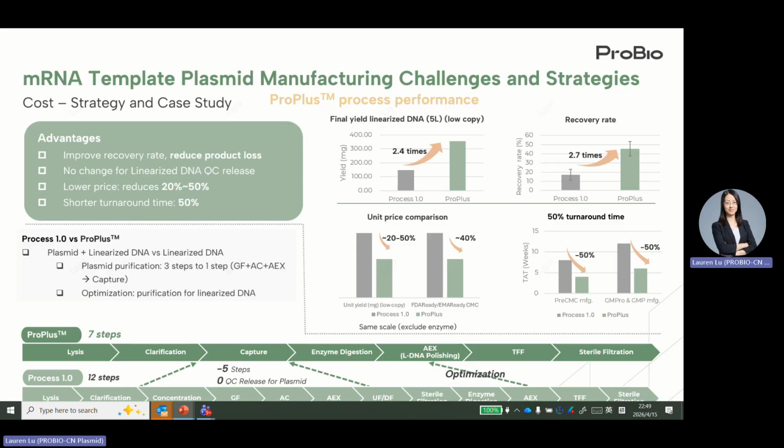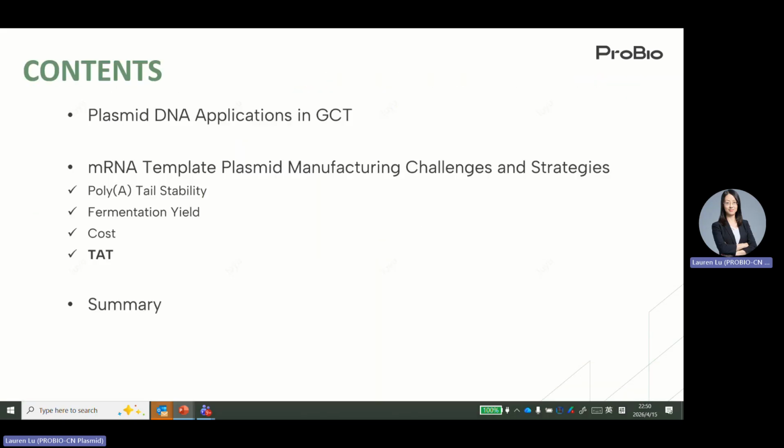And regarding the cost, we can achieve a 20 to 50% reduction of the total cost of goods. So these are the big advantages of ProPlus, to really decrease the cost and also to decrease the turnaround time.